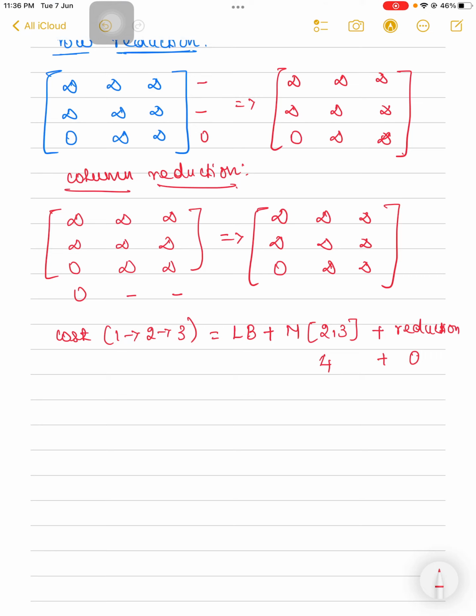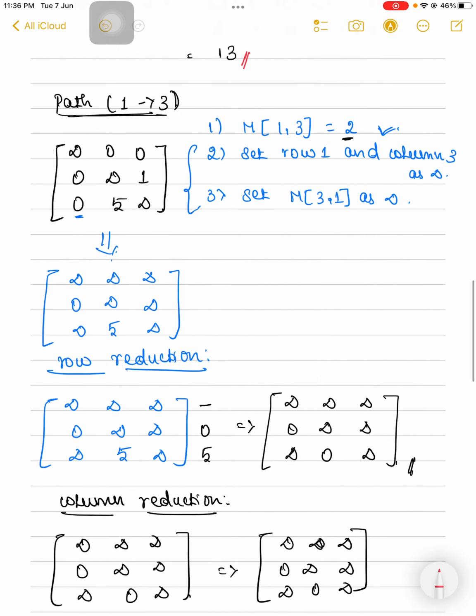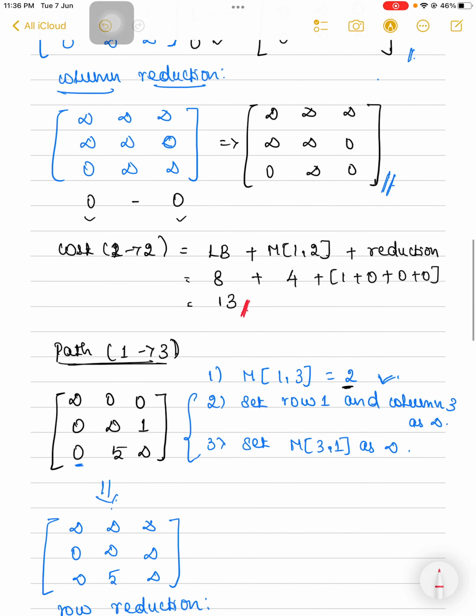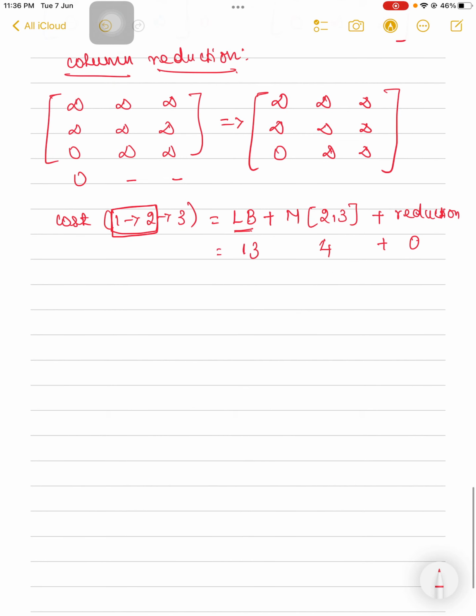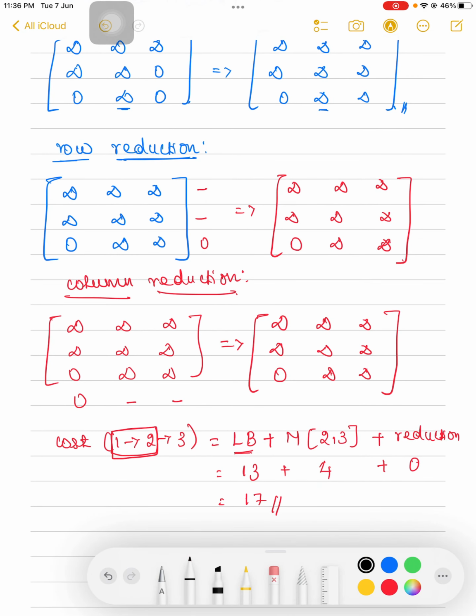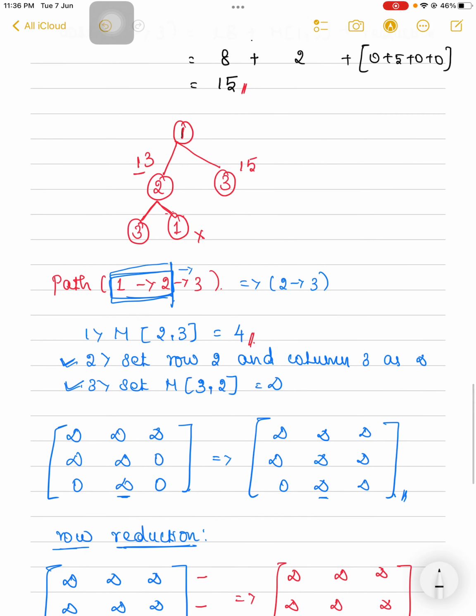And the lower bound value of what? Of 1 to 2. For 1 to 2, what lower bound value did we get? Go to path 1 to 2. The lower bound value is 13, right? So write 13 here. After adding all these values, we get the final cost as 70. So for 2 to 3, we get the minimum cost as 70.